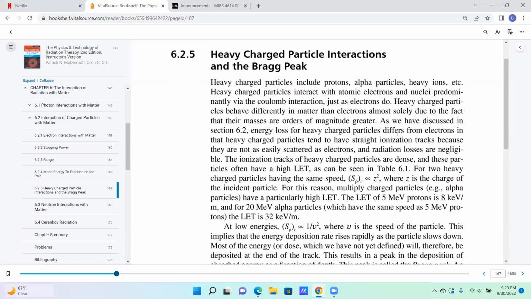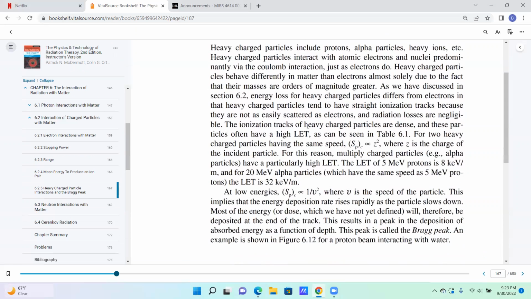Energy loss for heavy charged particles differs because the heavy charged particles tend to have straight ionization tracks. They're not easily bent because they're more massive. The ionization tracks of heavy charged particles are dense, and these often have a high LET. So for two heavy charged particles having the same speed, the collisional stopping power, mass stopping power, is proportional to the charge squared.